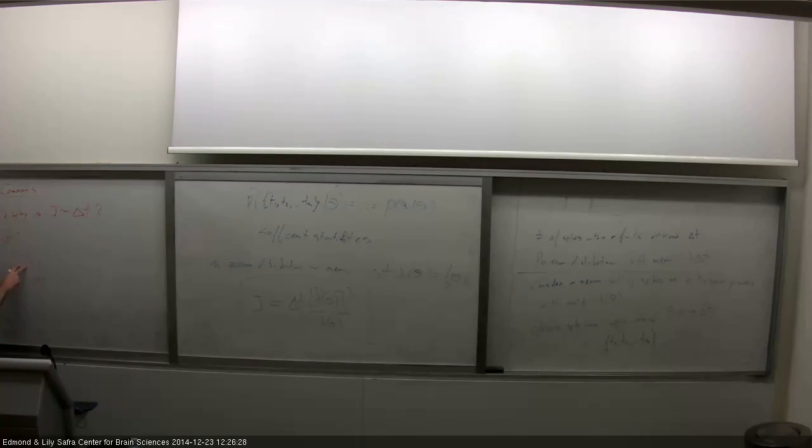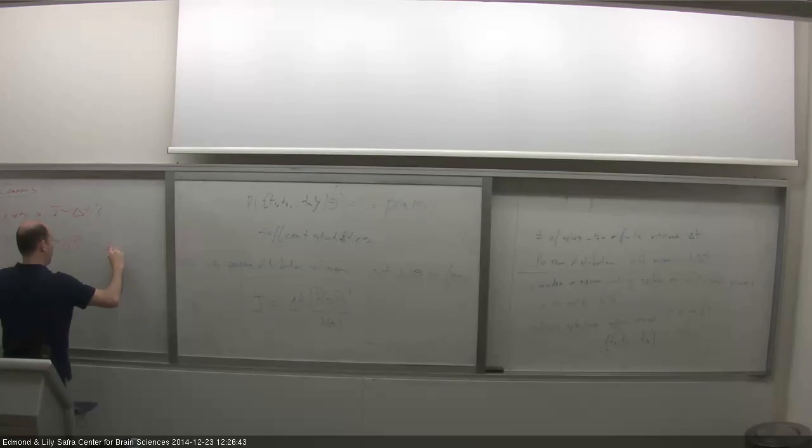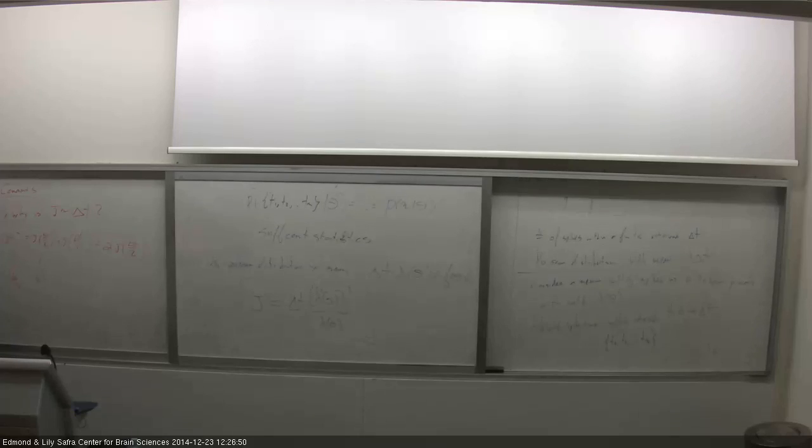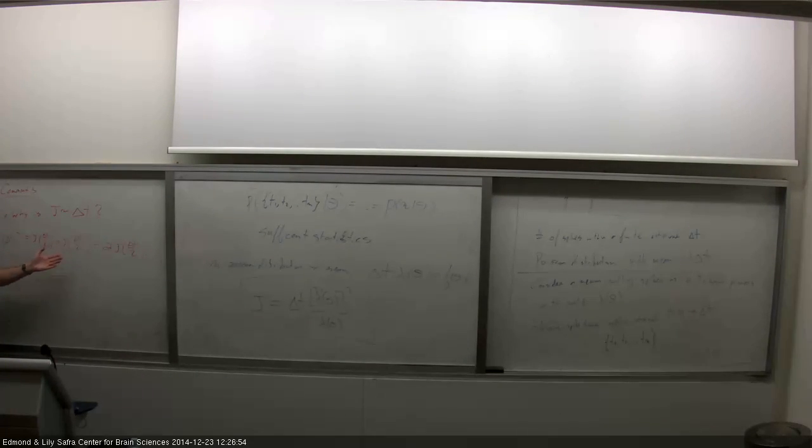The number of spikes emitted here is independent of the number of spikes emitted here. So this has to be equal to J of delta T over 2 plus J of delta T over 2, or in other words, twice J of delta T over 2. And the only function that has this property is a linear function.